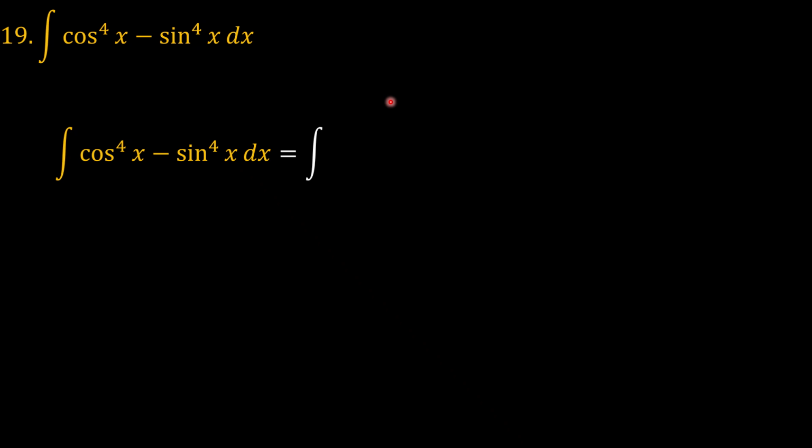Problem number 19, which is the indefinite integral of cosine to the power 4 x minus sine to the power 4 x. Using a difference of two squares, we can express this as the product of the sum of cosine squared x and sine squared x times the difference of cosine squared x and sine squared x.